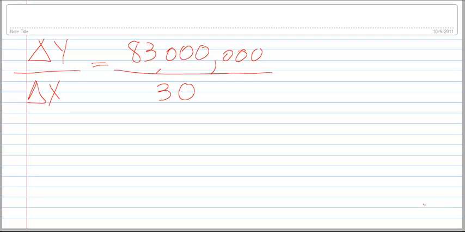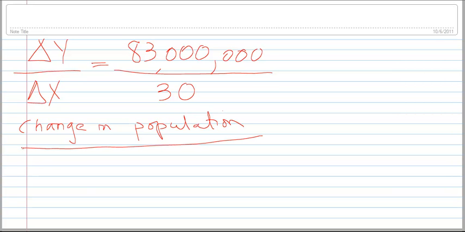Often when we're working with the slope of a line or the rate of change of something, we want to get what's called the average rate of change. So instead of looking at this over a 30-year period, we'd like to see how this changed per year. If we could find the change in the population on average, which is why it's called the average rate of change, per year, then we would be able to call this an average rate of change.